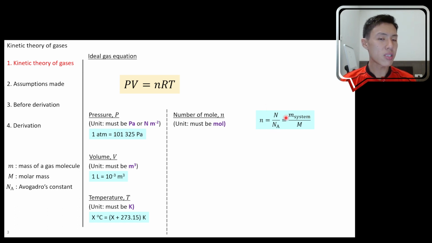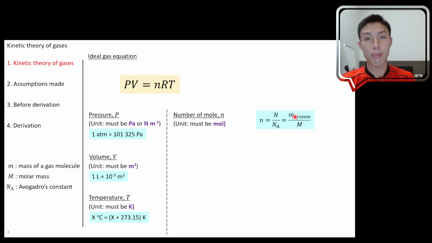Another way of determining the number of moles is to get the total mass of the gas system. Let's say the mass of the gas system is 64 grams, and you know that this is oxygen gas. Then you know that each mole of oxygen gas has a mass of 32 grams.